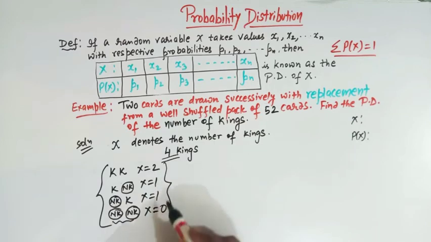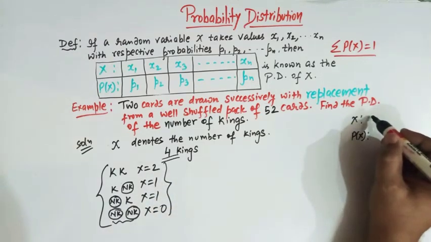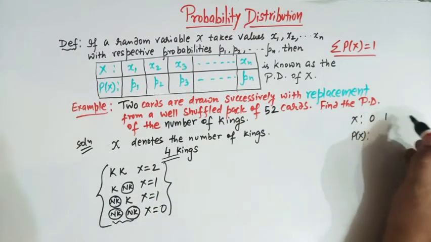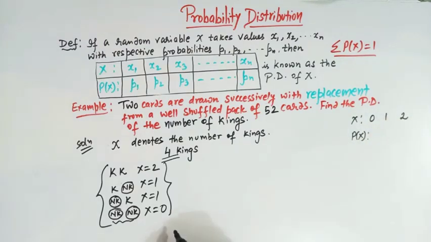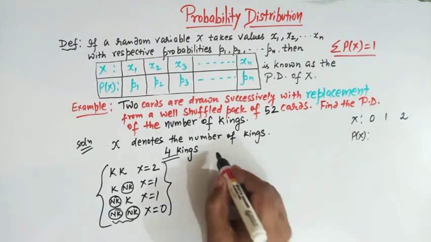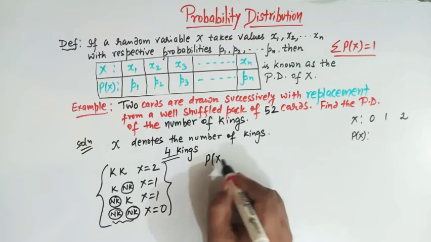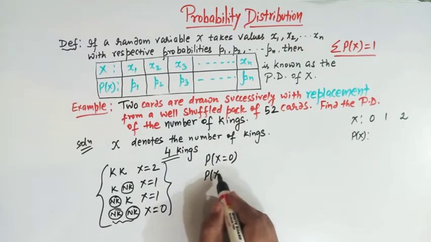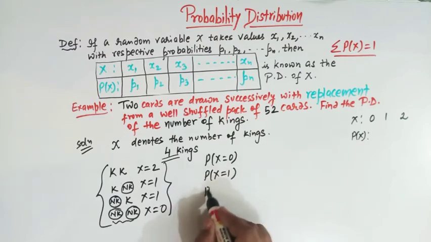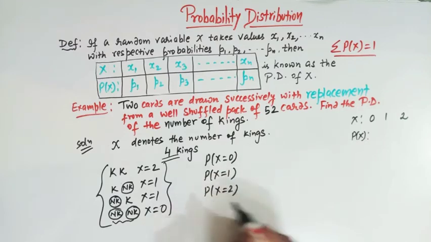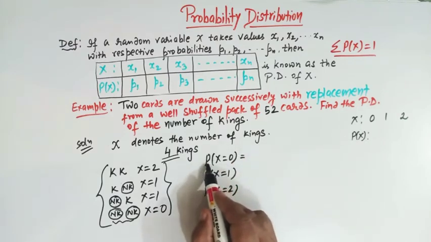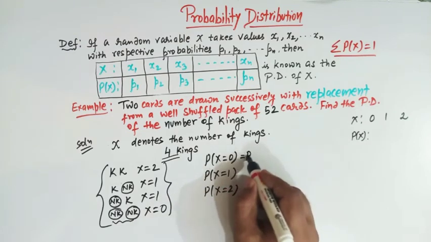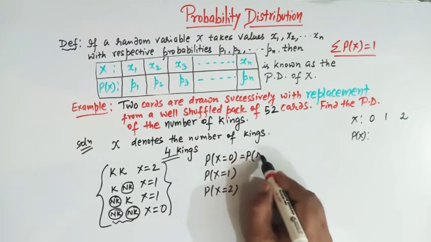So we conclude that x takes the value 0, 1 and 2. Now we have to find the probabilities, that is for x equal to 0, for x equal to 1 and for x equal to 2, right? So P of x equal to 0 implies no king.